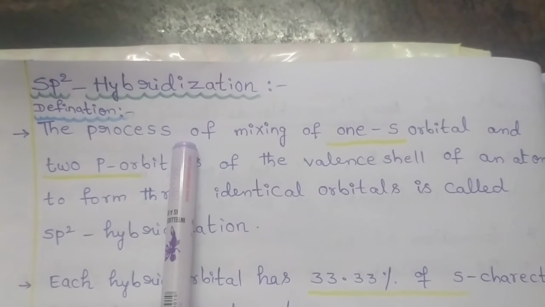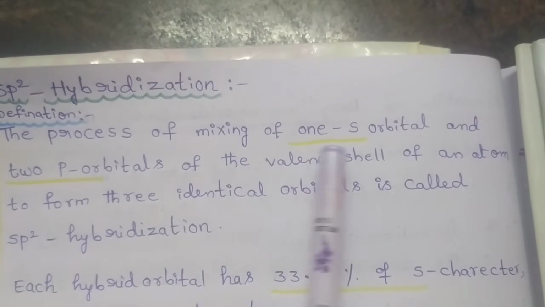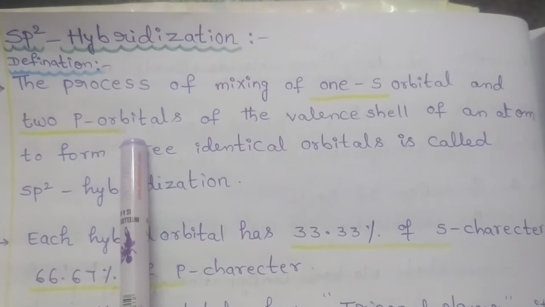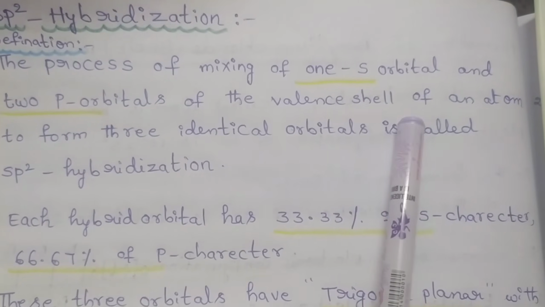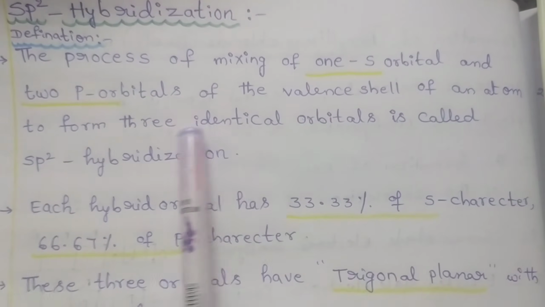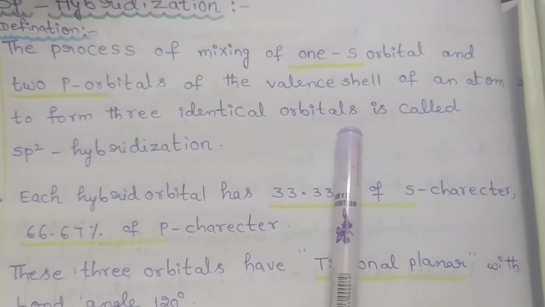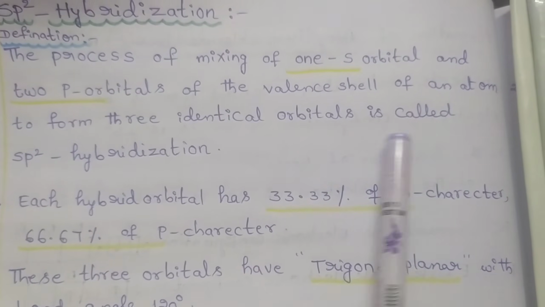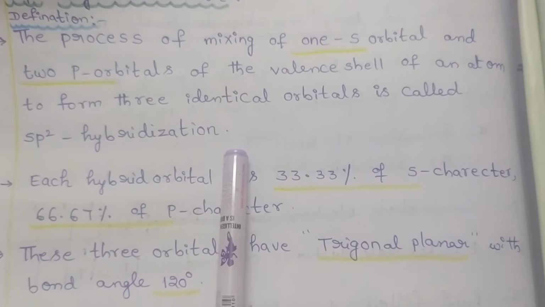Definition. The process of mixing of one s orbital and two p orbitals of the valency shell of an atom to form three new identical orbitals is called sp2 hybridization.